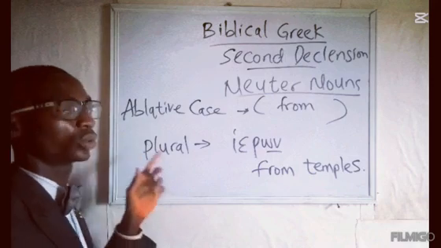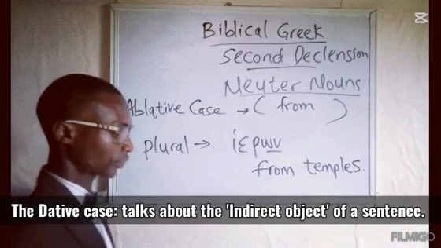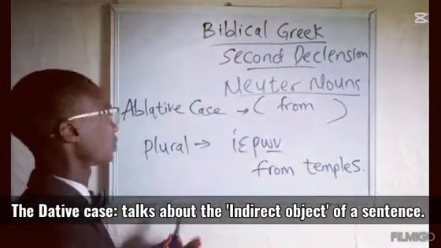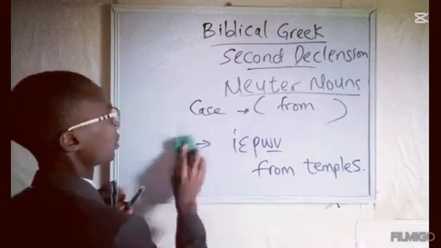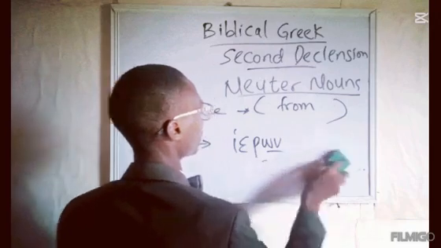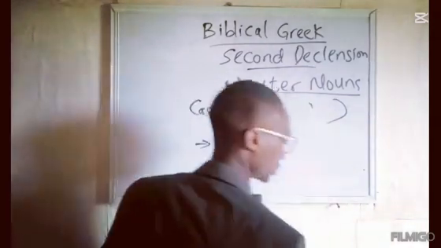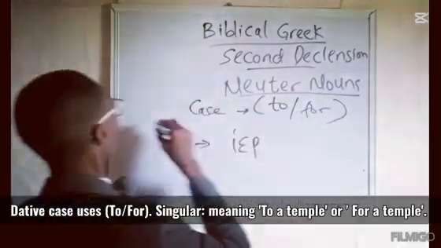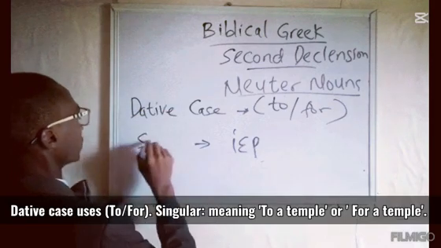Then we move to the dative case. We talk about the indirect object of a particular sentence. So we have this word in the dative case, to or for. That's dative case and singular.